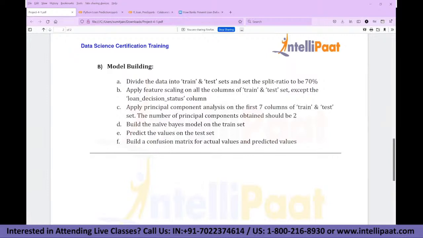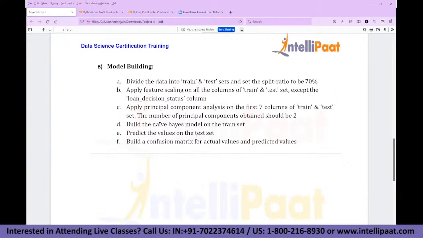So a confusion matrix is nothing but understanding what the actual value was. The actual value is the ground truth, and the predicted value is what my model is predicting. If I look at the test set, the 30% of the data set, I'm predicting that this should be 1, this should be 0, this should be 1, this should be 0, and so on. I should understand whether originally it was 0 or 1, right?